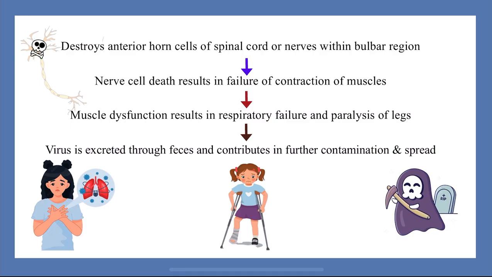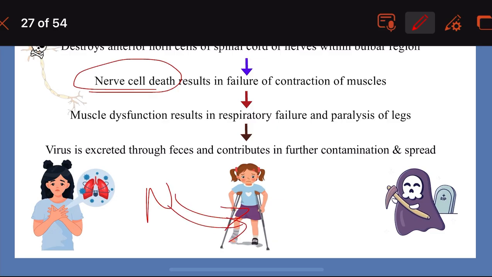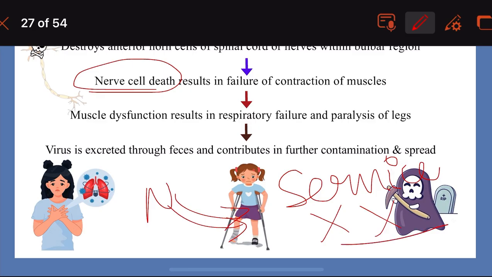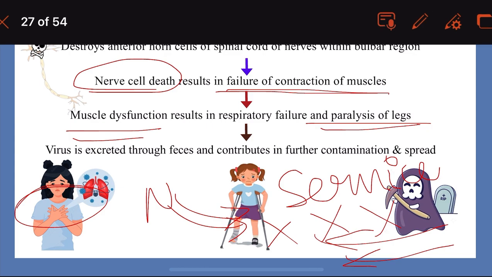The nerve cell death results in the failure of contraction of the muscles. Once the nerve cells supplying those muscles are affected, the service to these muscles is lost. Once there is no nerve supply, the action is not carried out. The muscle dysfunction is also causing respiratory failure and paralysis of the legs.